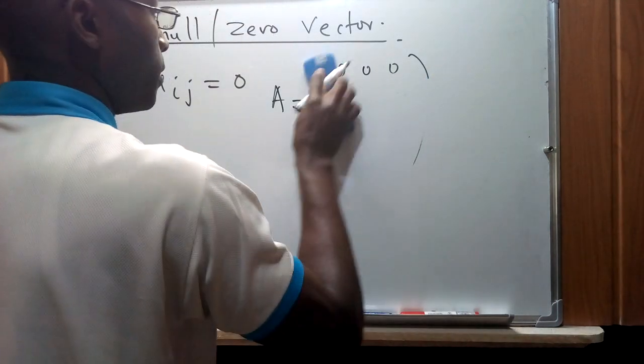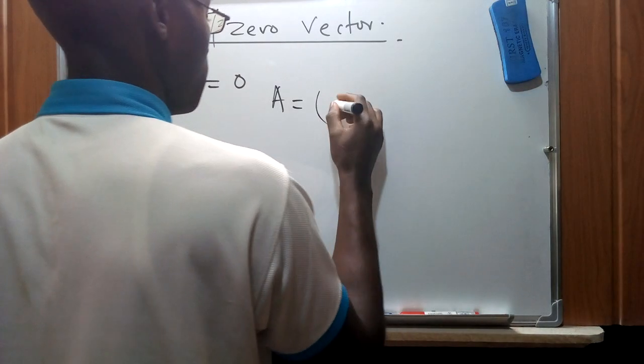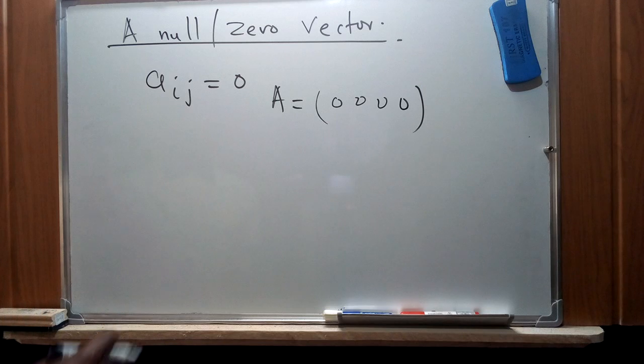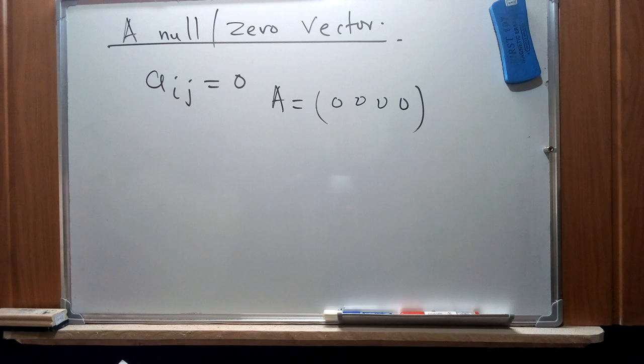So if we say that A is a matrix that is made up of 4 columns, that is 1 by 4, each of the elements in that matrix is 0.